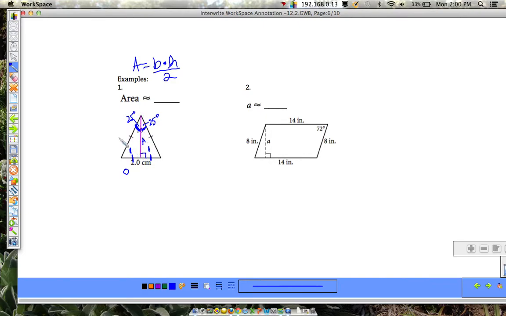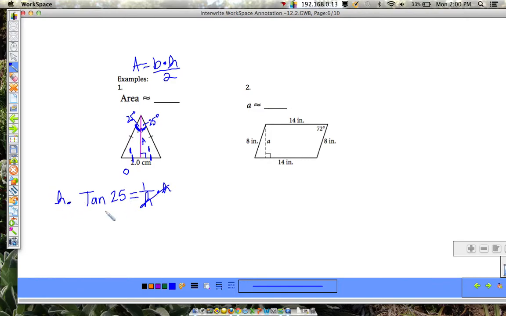The height is adjacent. So I'm going to say, well, the tangent of 25 degrees is going to equal opposite, which is 1, over the adjacent. Let's just call it h, since we're trying to find the height. So to solve, we talked about a shortcut. I'll show you the longer way. I'm going to multiply both sides by h.